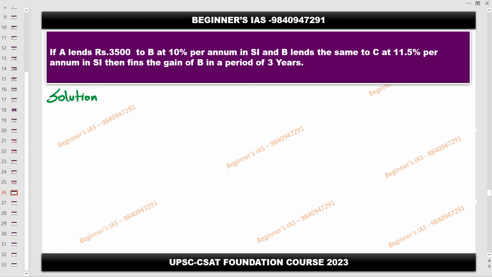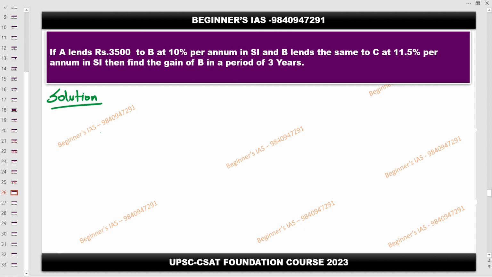B lends the same to C at 11.5% per annum simple interest. Then find the gain of B. So for the gain of B, what you need to do? You have to subtract with respect to the second one.